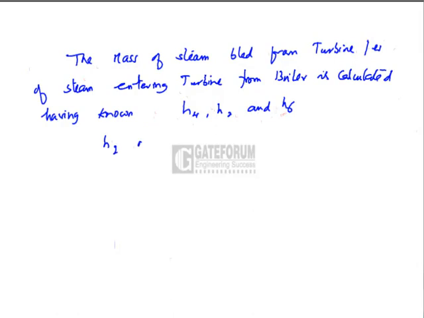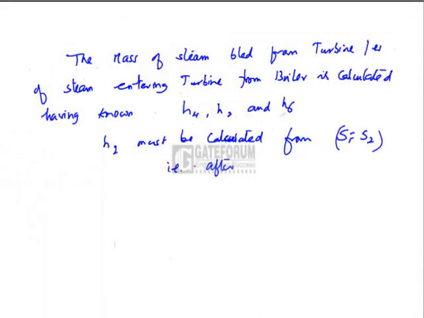But H2 must be calculated from S1 is equal to S2 equation, equating the entropies at 1 and 2, and then obtain the dryness fraction of steam at X2, we can calculate the H2. Having known H2, H4, H6, the mass of steam bled is calculated.